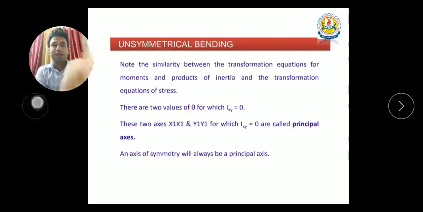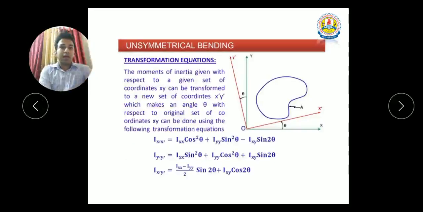In this case, because there is no axis of symmetry found in the first place, we have to transform our axes by the angle theta, and these are the transformation equations that occur due to it.